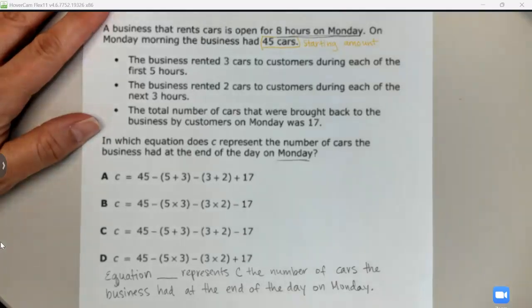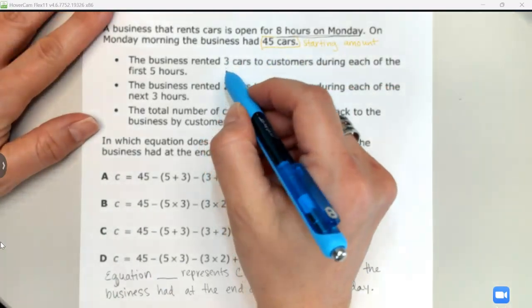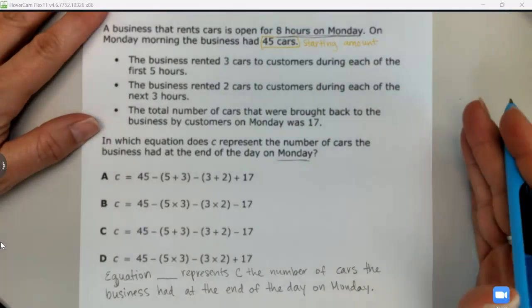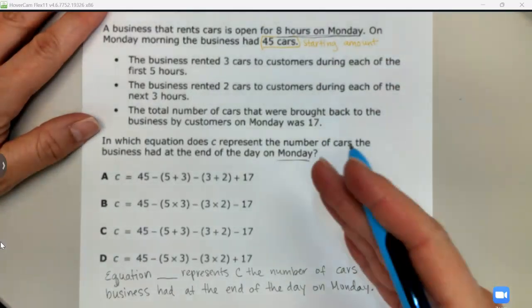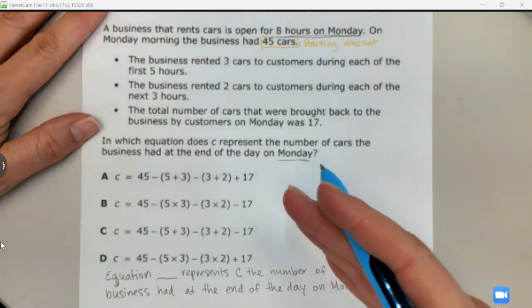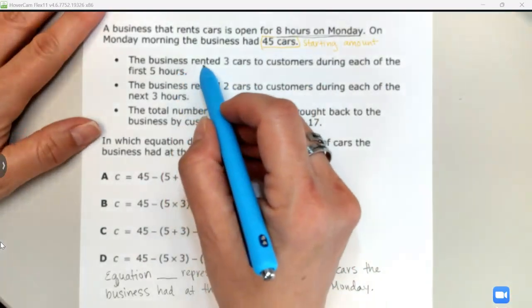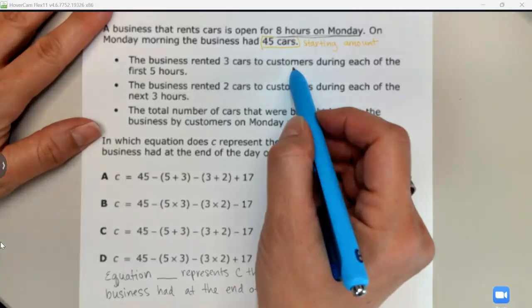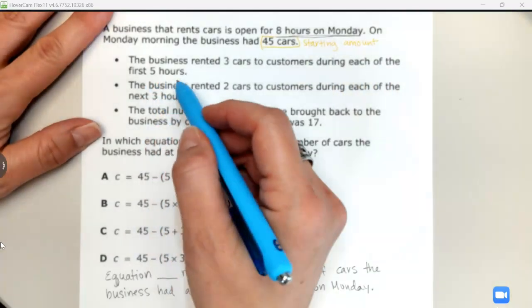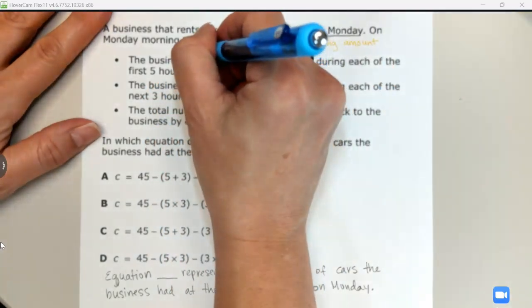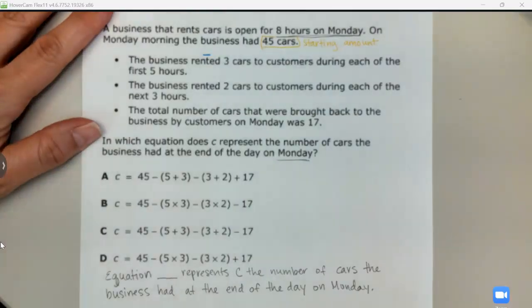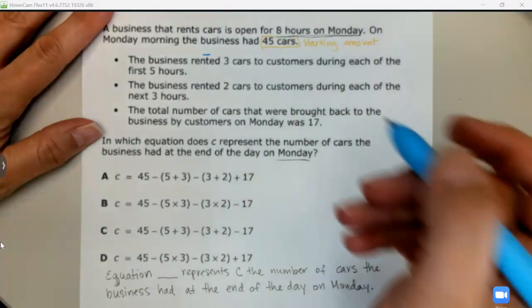The business rented means that you're not going to have them anymore. If you need to borrow a car from a company, you rent it from them. So the business rented 3 cars to customers during each of the first 5 hours. So in this instance, rented is going to be subtraction.